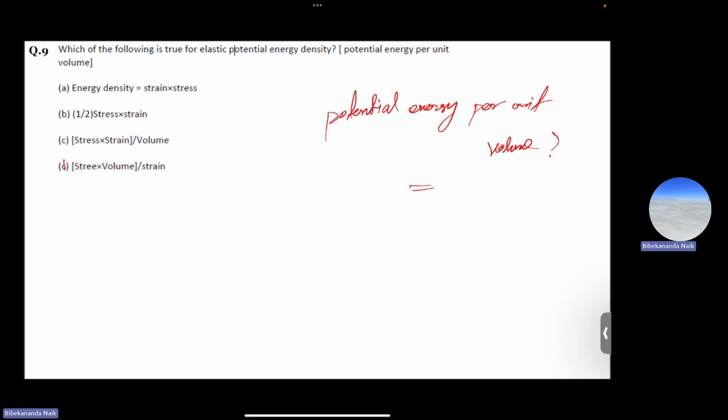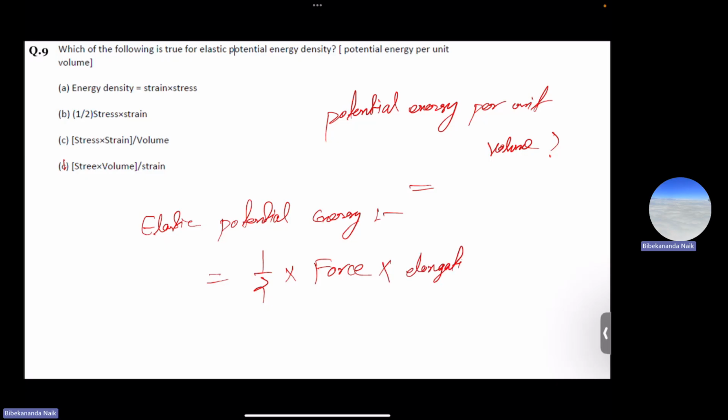So elastic potential energy, the formula is, elastic potential energy is given as half into force into elongation. That implies half into F into small l. So now for unit volume, what we can write?